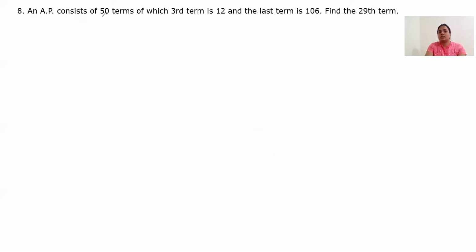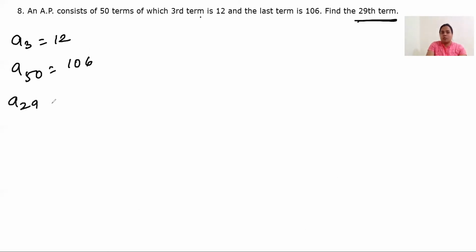Again, an AP consists of 50 terms, of which the third term is 12. So A3 is 12. And the last term is 106. Last term means the 50th term, because it is given it consists of 50 terms. So A50 is equal to 106. Find the 29th term. Same question.